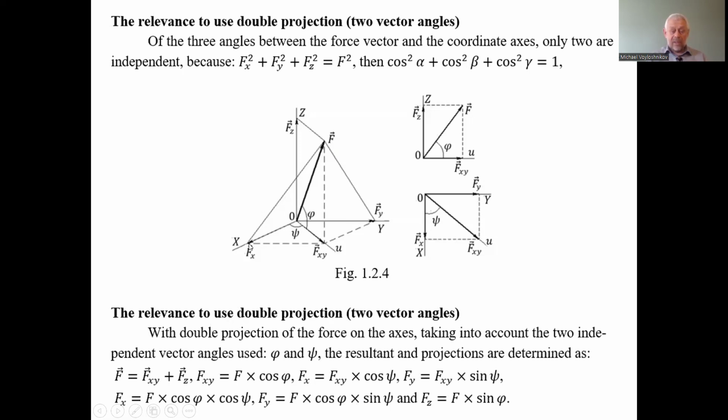This leg is equivalent to the projection on the horizontal axis 0y. And in this manner we substitute the determination of the force by its magnitude and the angles of its direction alpha, beta, and gamma with the magnitude of force as well and only two angles, phi and psi. So we exclude one of the angles. This is good for mathematical transformations.